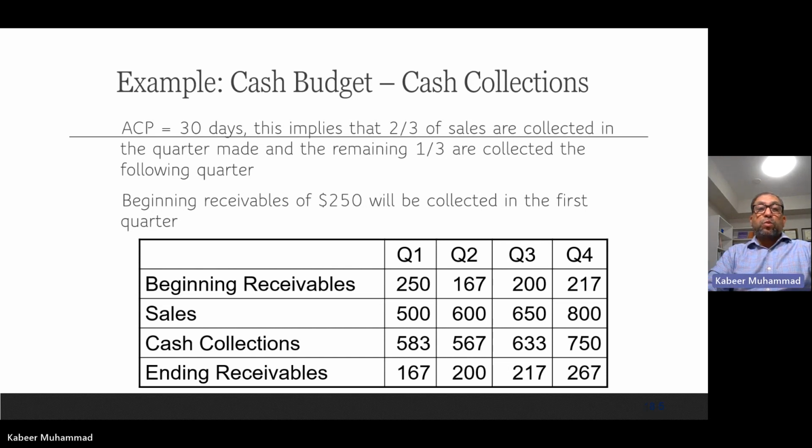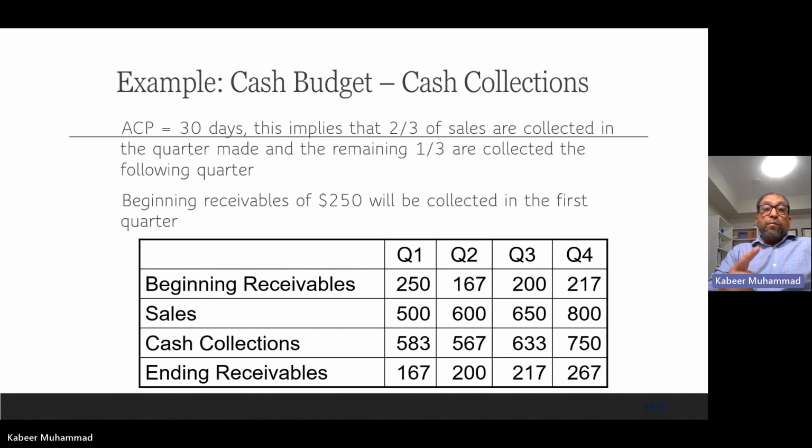Two-thirds of 500: 500 multiplied by 2 divided by 3 gives 333.33. We ignore the decimals to keep it simple. So 333 plus 250 is 583, which is the cash collection.